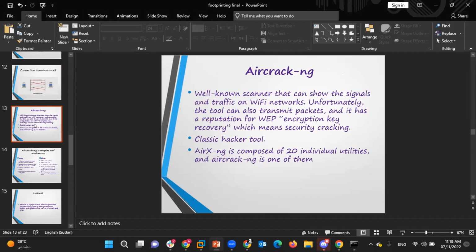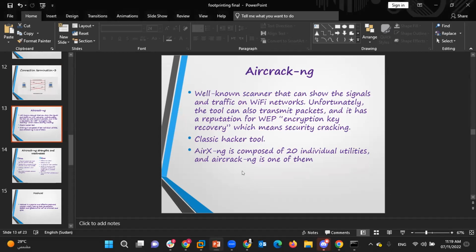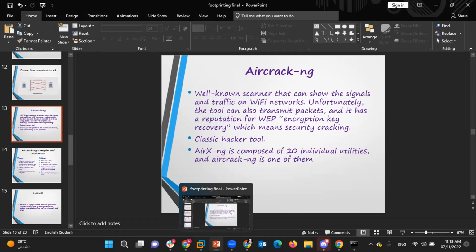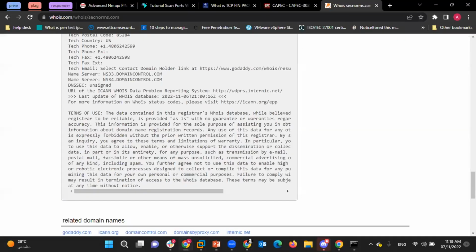Okay, Aircrack-ng. Actually, we have Aircrack-ng. We can write it before explaining.